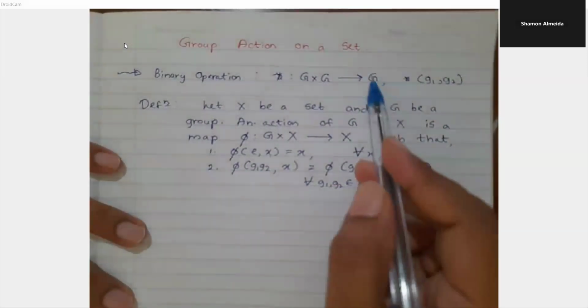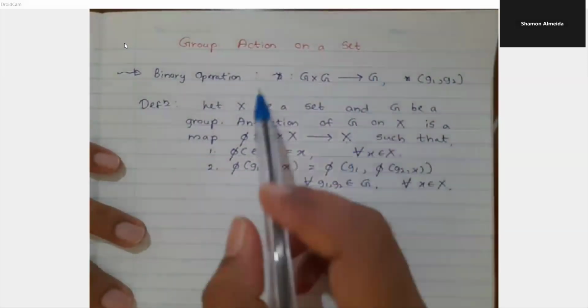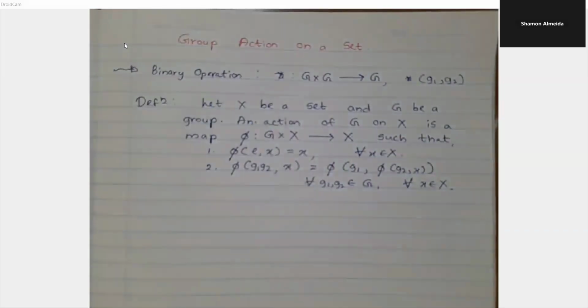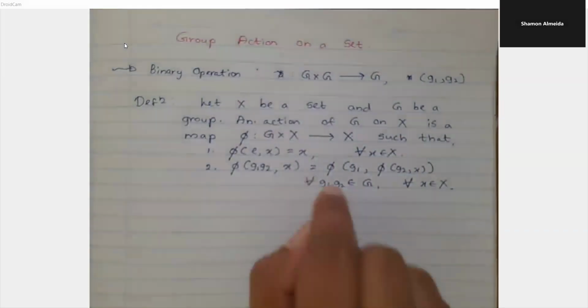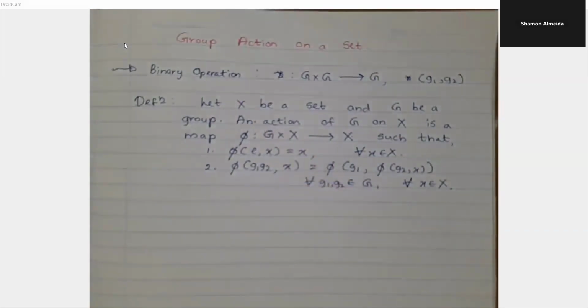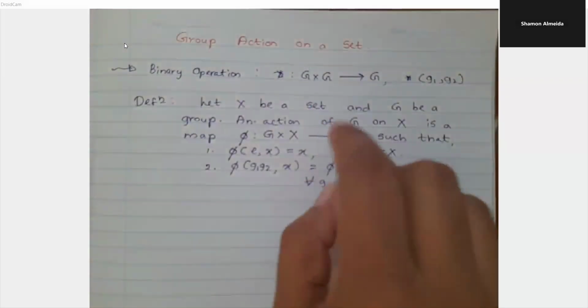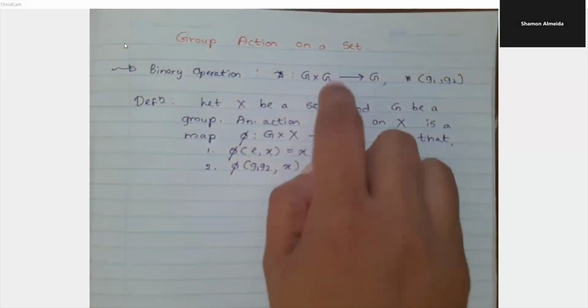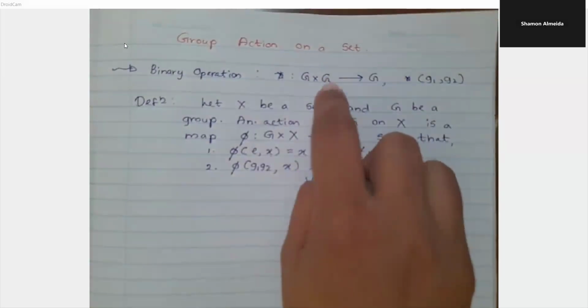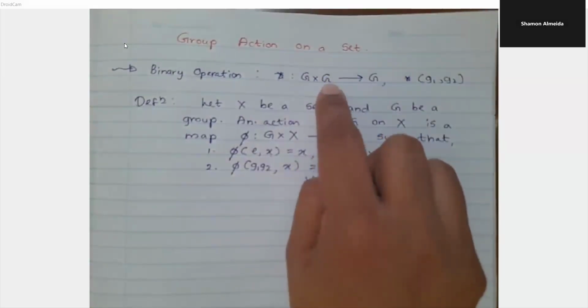Now, if you compare these two, you can see the similarity, because these conditions are satisfied even in a binary operation. In that case, if you look at the binary operation, X is G itself, right?